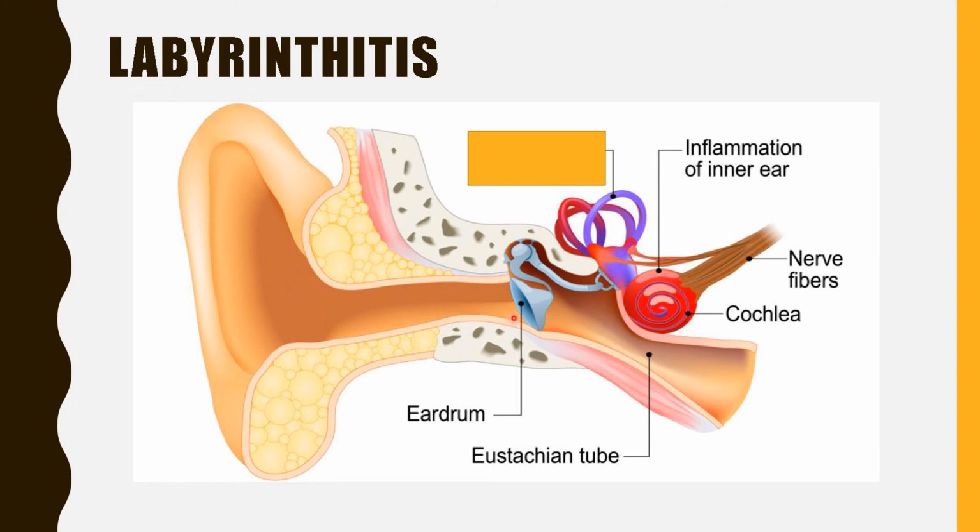You can see the eardrum here again and the eustachian tube, and the cochlea being inflamed. In case of labyrinthitis, there is nausea along with dizziness and vertigo, ringing in the ears and pain around the ears or in the ear. That is the case of labyrinthitis.